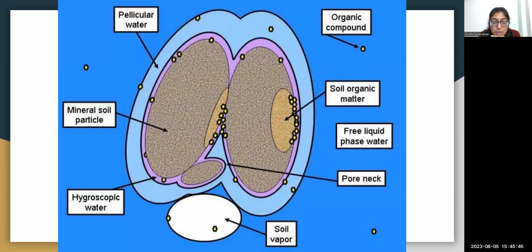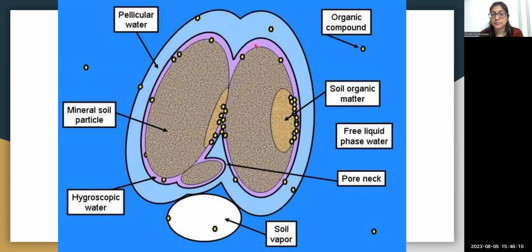Pellicular water, the picture here will give you a better idea. There are various kinds of water: capillary water, hygroscopic water, pellicular water, and free water. If this is a clay particle or a sand particle, as a result of the molecular attraction of the soil, it will hold some water on the surface of the soil particle. That water is called hygroscopic water.